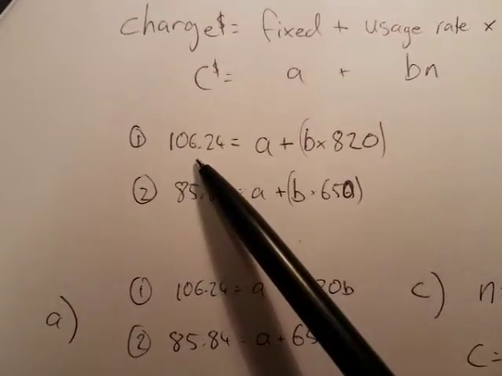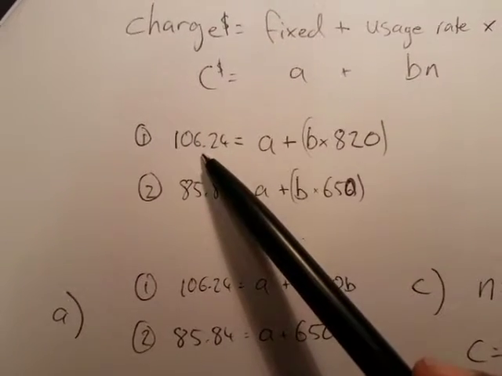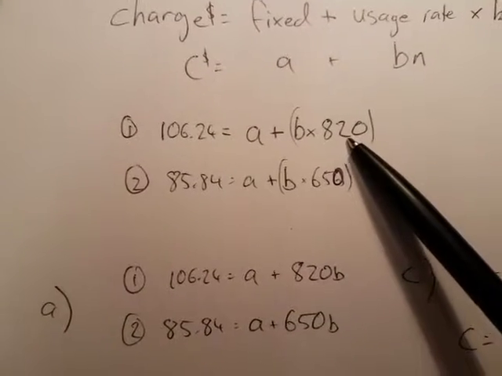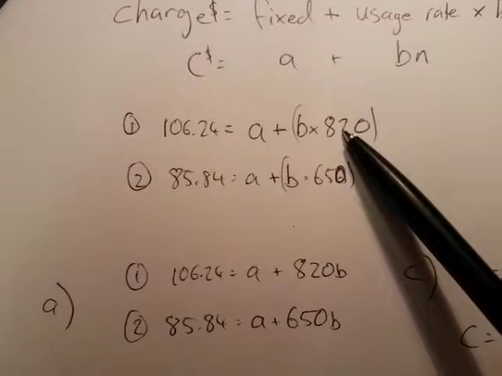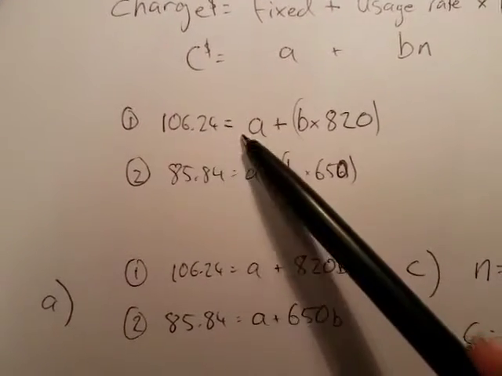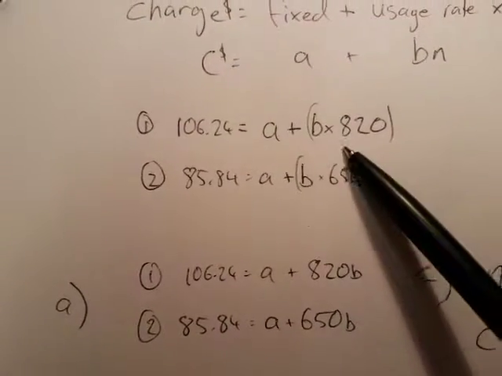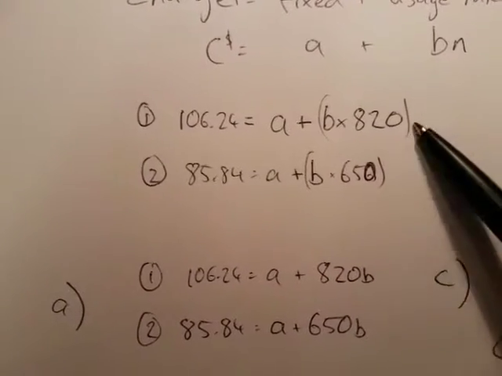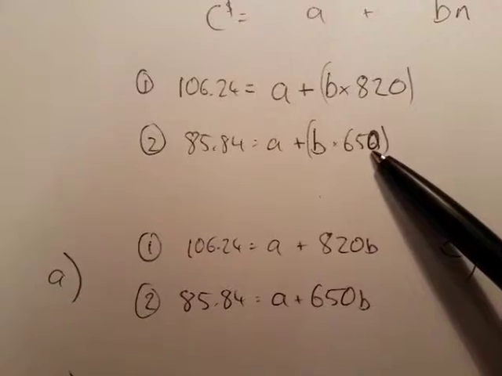So equation 1, we have last quarter, the Ahmeds used 820 units of electricity, so I've written that in here, and paid 106.24 pounds. So I have a charge, 106.24, and I don't know these things, so I just leave them as A and B, but I know they use 820 units, so I write that down. Okay? I don't know where it's leading, but I'll start by writing that down. I've done the same thing with the second situation they gave.